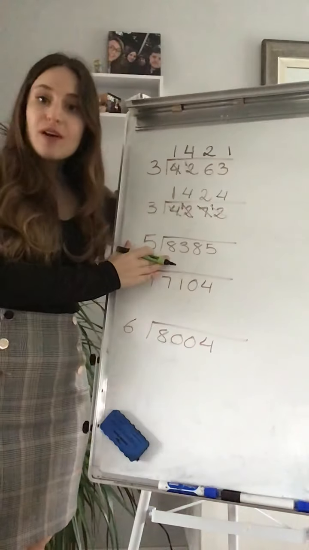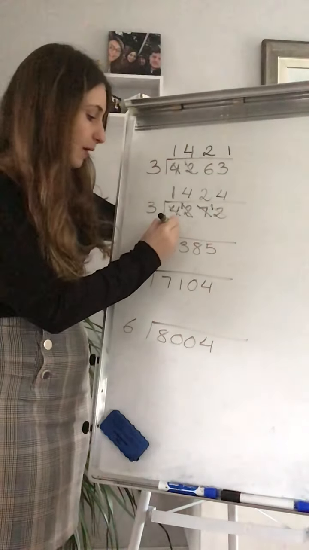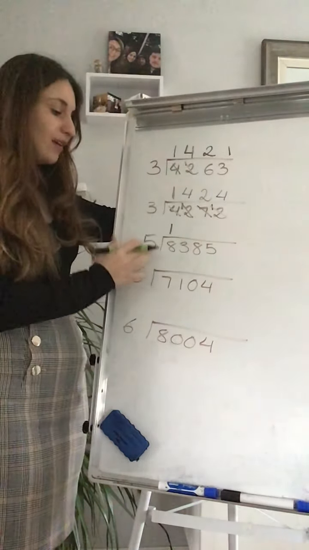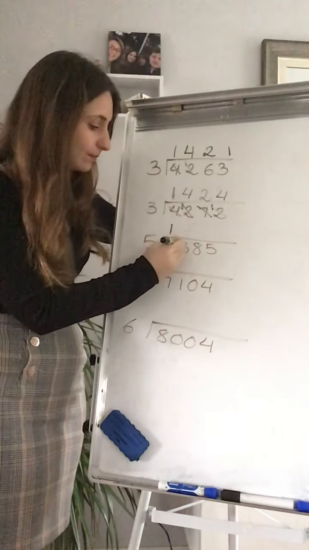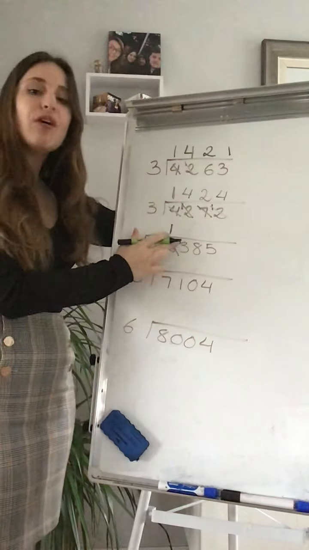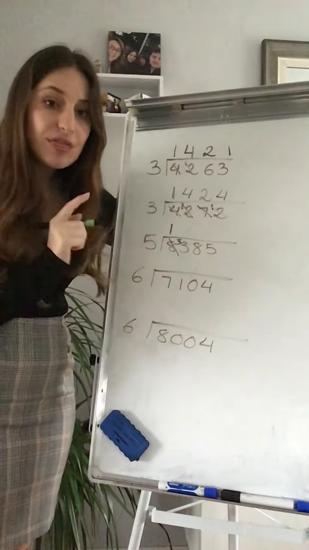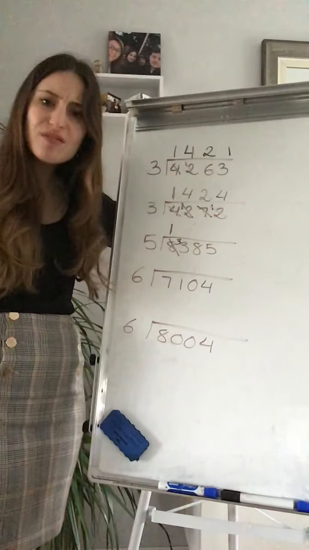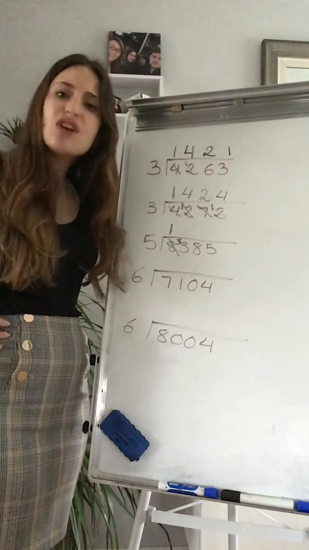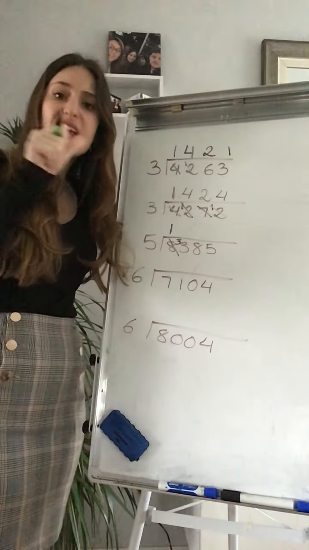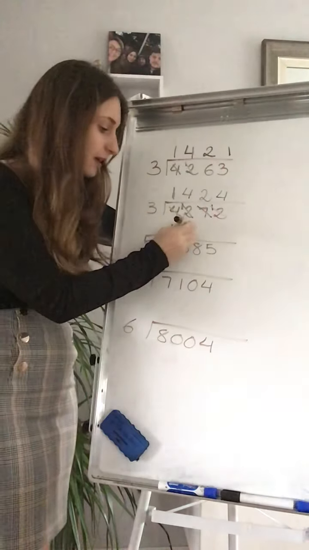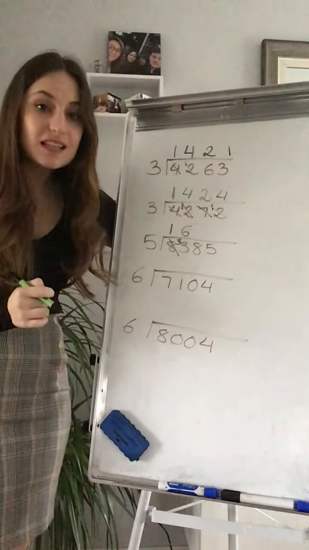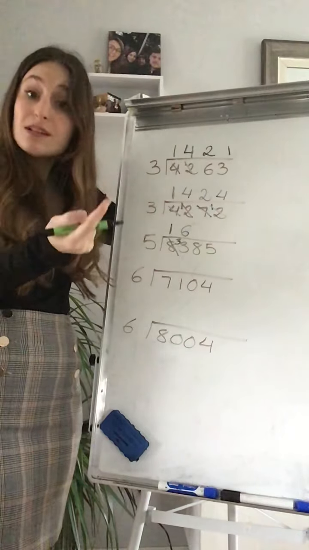Let's keep going. Is 8 on my 5 timetable? No, it's not. So my closest is 1 times 5 is 5. To 8, 6, 7, 8, 3. Now I've got 33. Is 33 on my 5 timetable? It's not, because in my 5 timetable the multiples end in 0 and in 5. So the closest is going to be 30. I get 30 by timing. 6 times 5 is 30. 31, 32, 33.